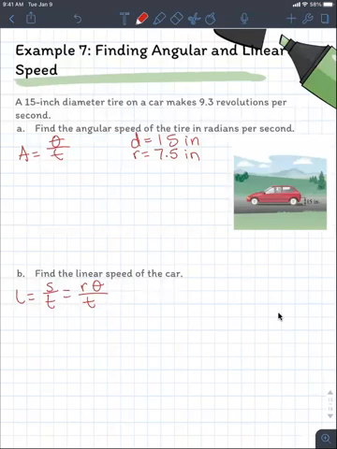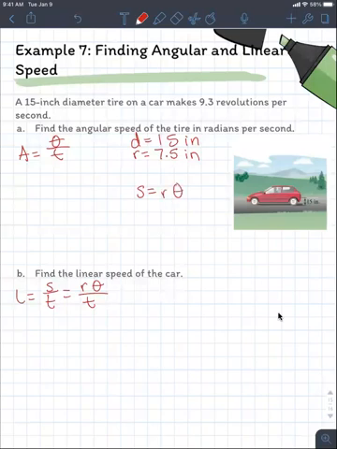So by the arc measure, you mean the arc measure that we're trying to find, right? So you're saying we should use the formula S equals R theta.